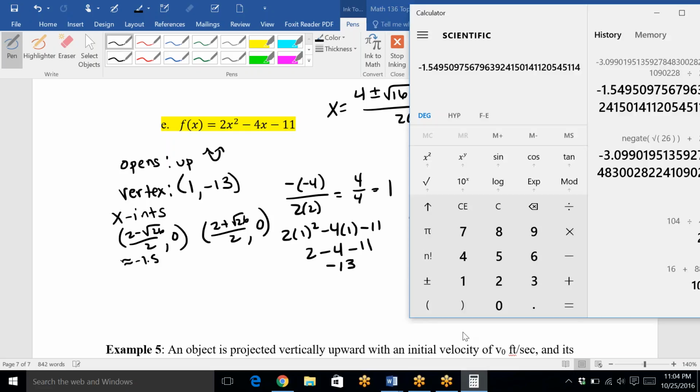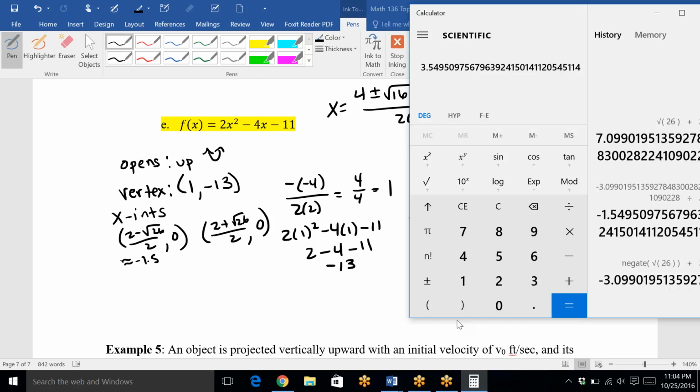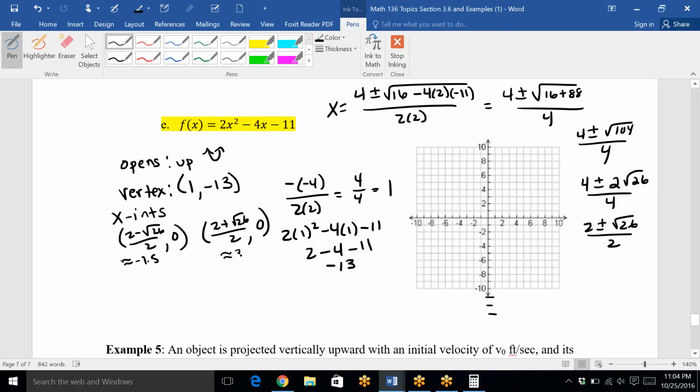For this one, we will take the square root of 26 and add it to the 2 and then divide by 2. So that's about 3.5, which makes sense because that is 2.5 below 1 and that is 2.5 above 1. They should be equally spaced around the vertex.